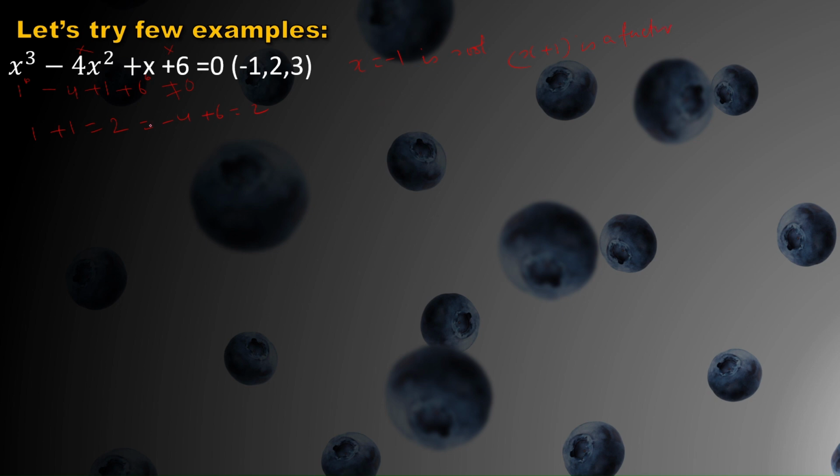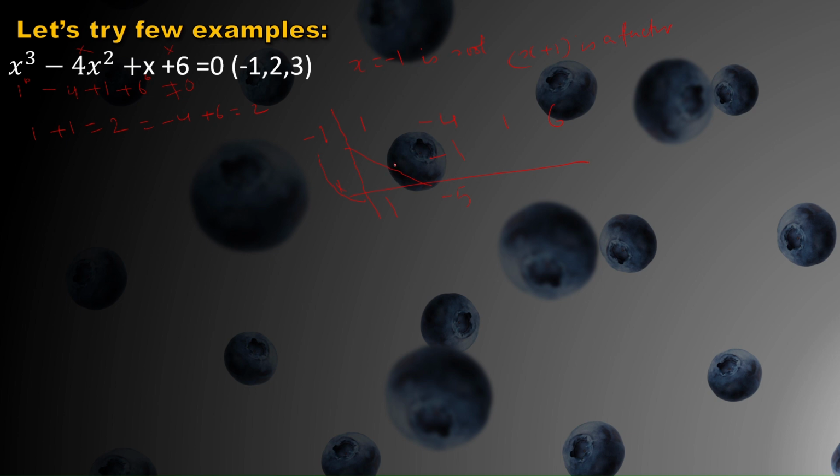Synthetic division is very simple. Just write the coefficients, like 1, minus 4, 1, 6, put a line, and put the first root here. Then the first coefficient 1 comes down as it is, and then we multiply 1 by minus 1 to get minus 1, put minus 1 here, then minus 1 and minus 4 gives minus 5.